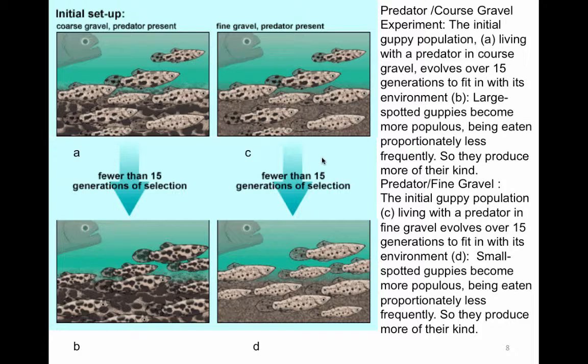D represents the small spotted guppies that evolve and become more populous, being eaten less frequently than the larger spotted guppy. So the smaller spotted guppy produce more of their kind.